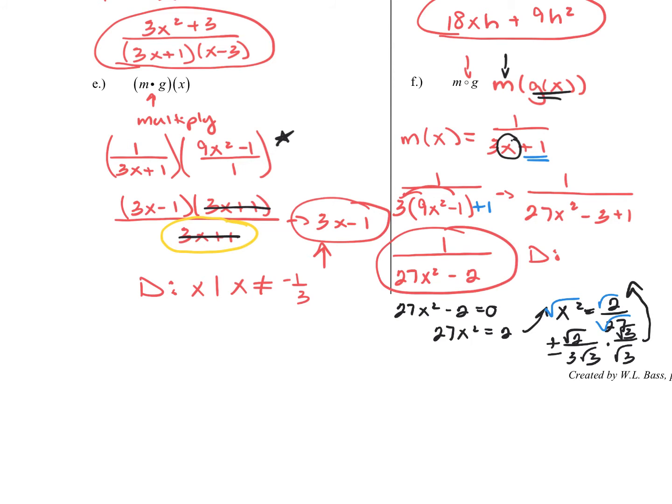So this is going to be x such that x is not equal to plus or minus square root of 6 all over 9. And if you've lost that, it's the radical 2 times the radical 3, and then 3 radical 3 times my radical 3 gave me my 9.